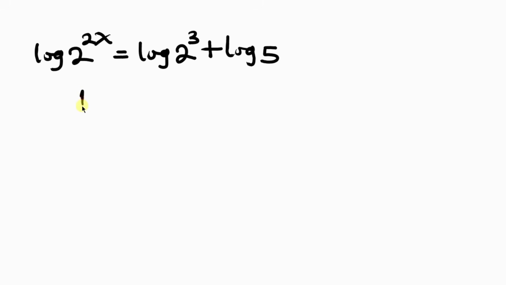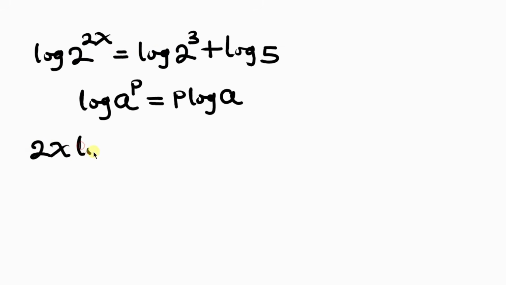So the log of a to the power of p, this is equal to p times the log of a. Now let's apply this property to what we have here and what we have here. So this expression can be written as 2x times log 2. And this is equal to, this expression can be written as 3 times log 2 and then plus log 5.